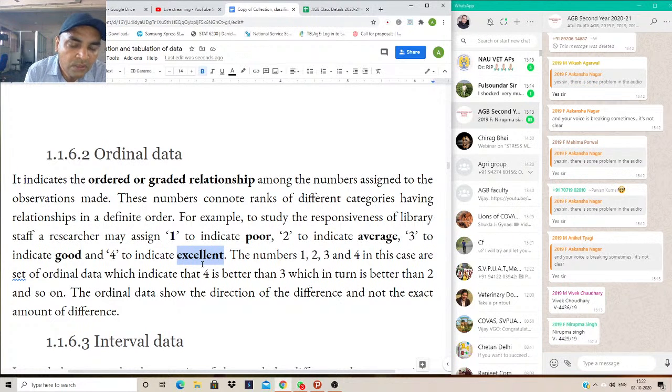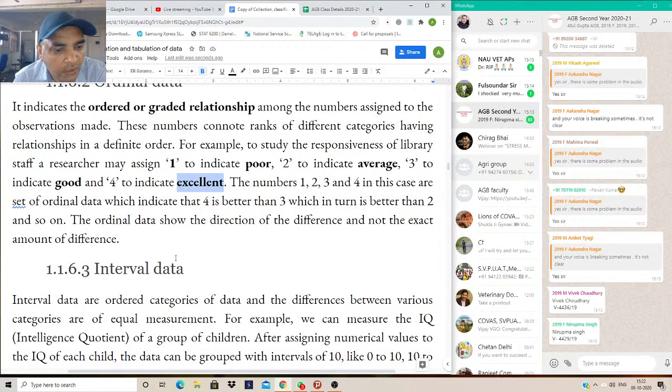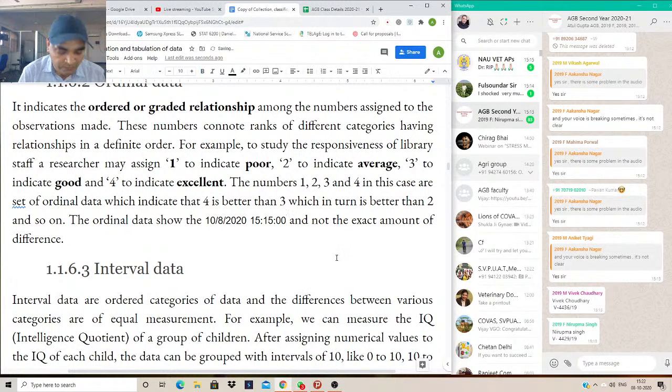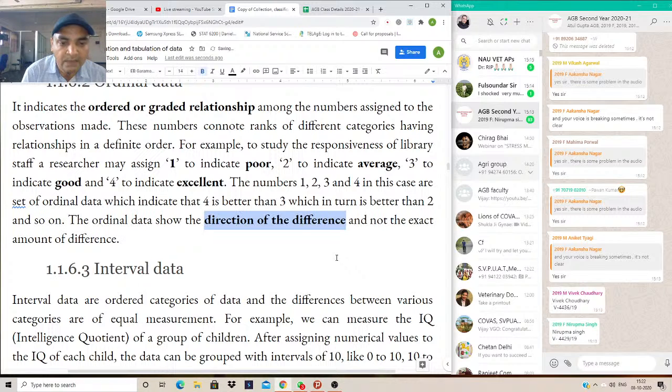Okay, so their plus minus can be done. So the ordinal data show the direction of the difference. They show the direction of the difference and not the exact amount of difference. Okay, so this is very important.